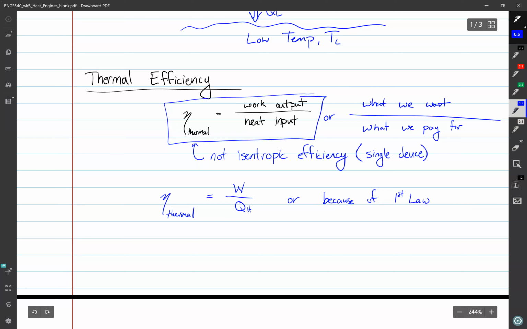We'll say because of the first law, QH equals QL plus W. So sometimes you'll see this written, and we'll use it here in a second, QH minus QL over QH.